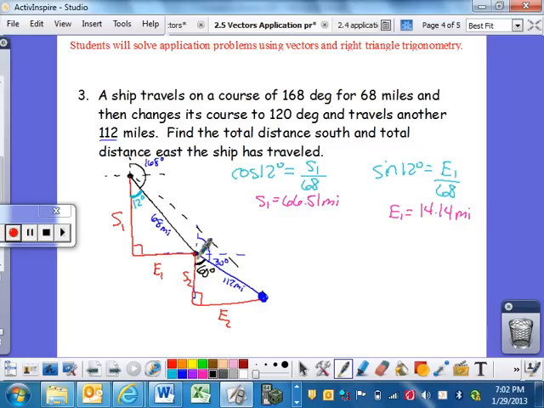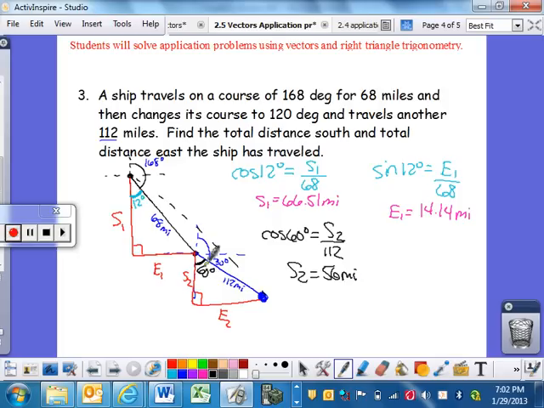So when it's 112, we want the south one, which is going to be your what? Adjacent over the hypotenuse again. So I'm going to find south of 2. So cosine 60 degrees equals south 2 over 112. If you make the connection, that's just going to be cut in half. It's going to be relatively easy for you, but multiply them together. S2 will be 56 miles. Okay?